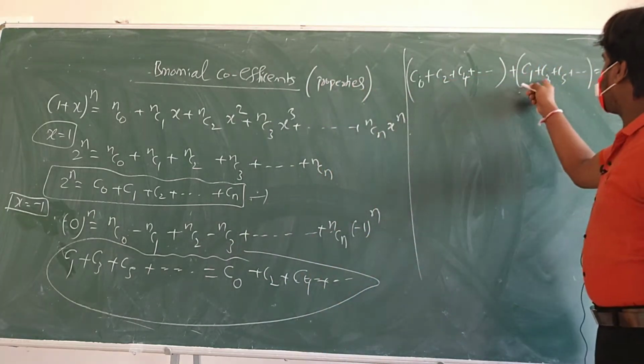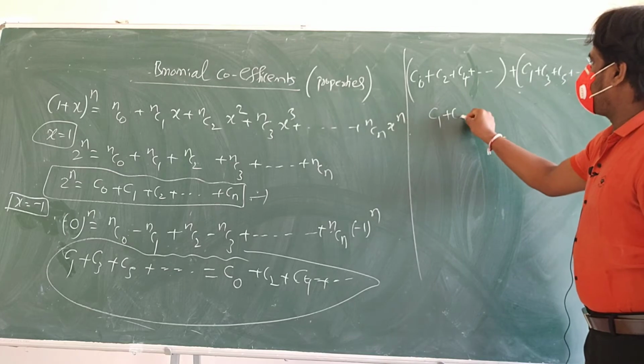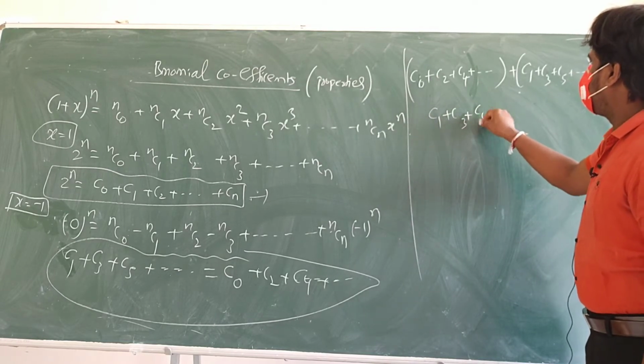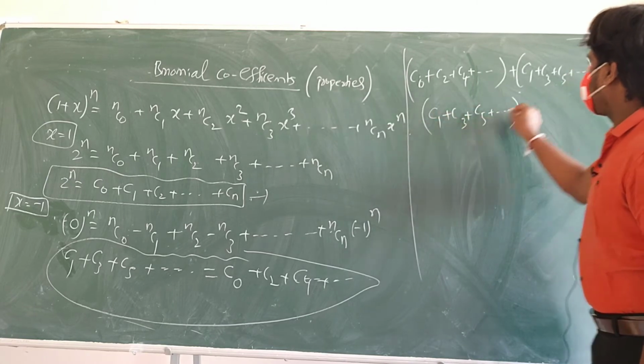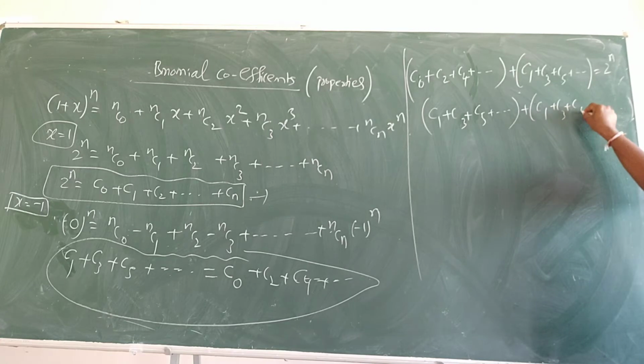So we can replace one with the other. If I replace, in this place, C1 + C3 + C5 and so on, plus C1 + C3 + C5 and so on, equals 2 to the power n.